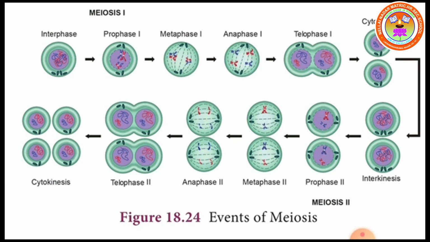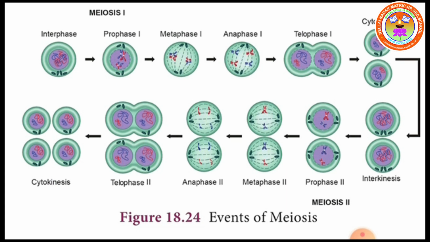Meiosis 1 consists of 5 stages: prophase 1, metaphase 1, anaphase 1, telophase 1, and lastly cytokinesis 1. Of these, prophase takes the longer duration.